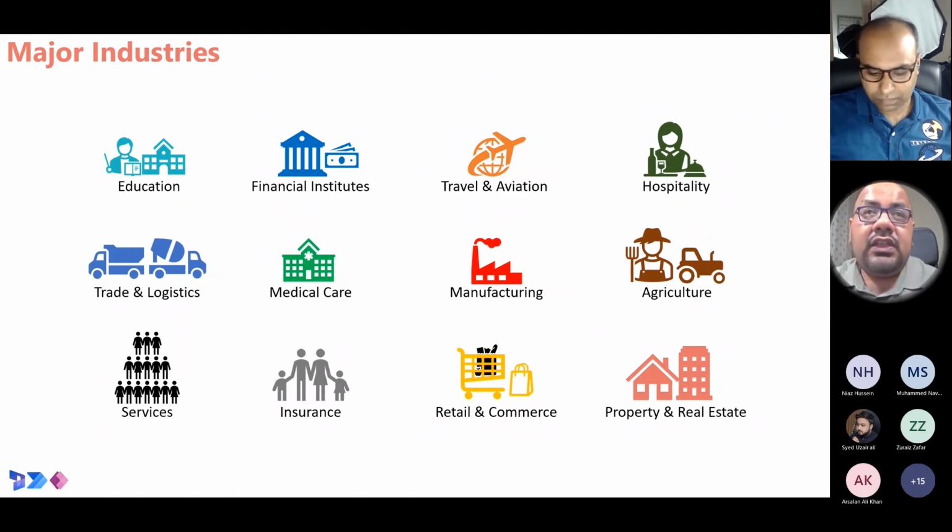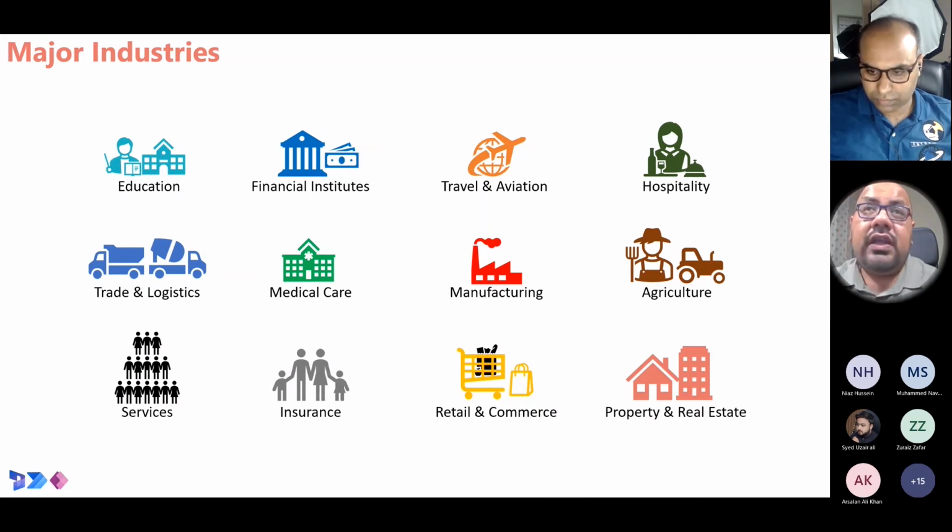Same thing for financial institutes, such as investment banks, not the traditional or normal banking, because banking software is totally different. But in terms of managing expenses and accounting, financial institutions also prefer Dynamics 365. In travel and aviation, a big jump has happened in Dynamics 365 because everything is on the cloud and IoT has been introduced.